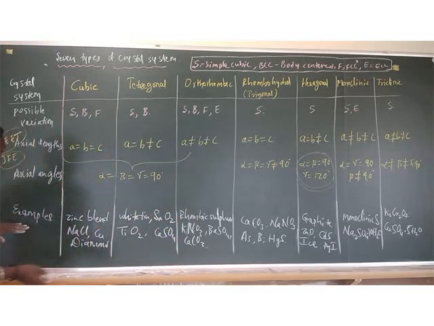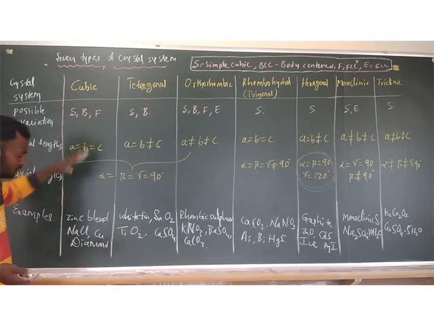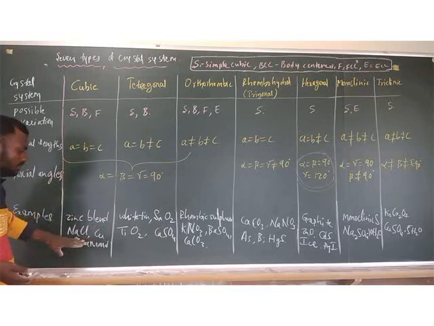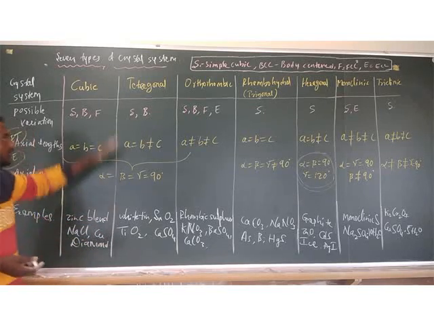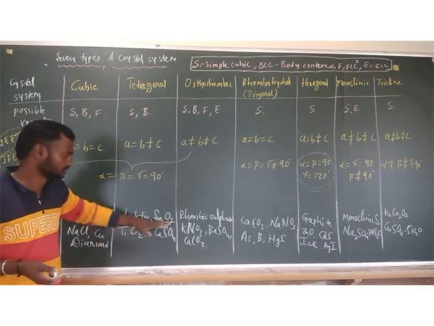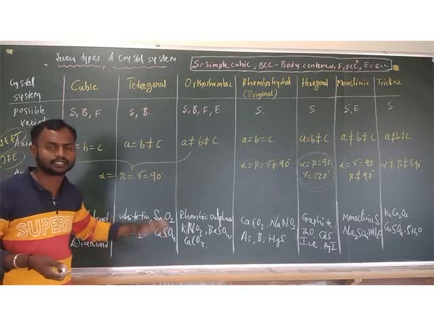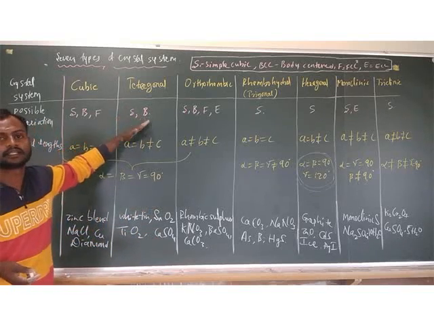Next, examples. In case of cubic: zinc blende, sodium chloride NaCl, copper, diamond. In case of tetragonal: white tin, tin dioxide, calcium sulfate.